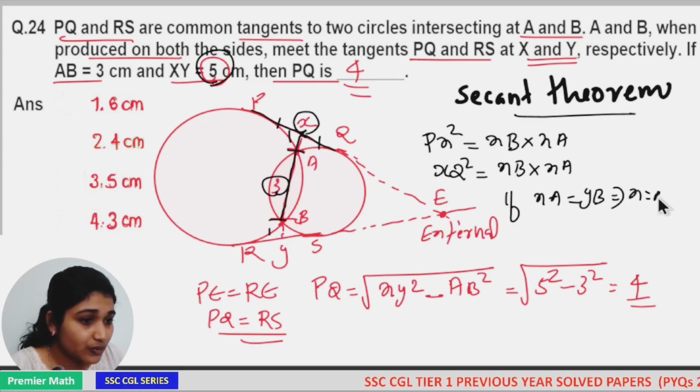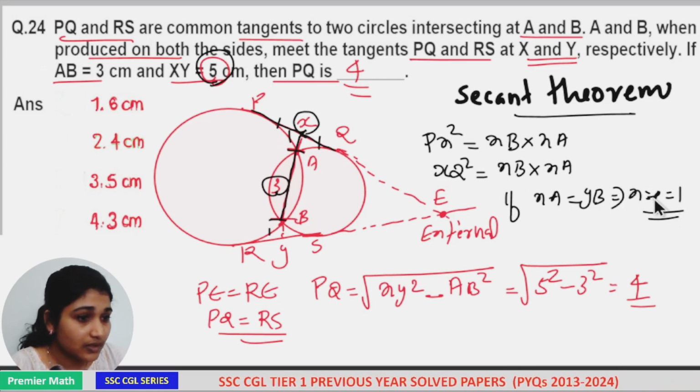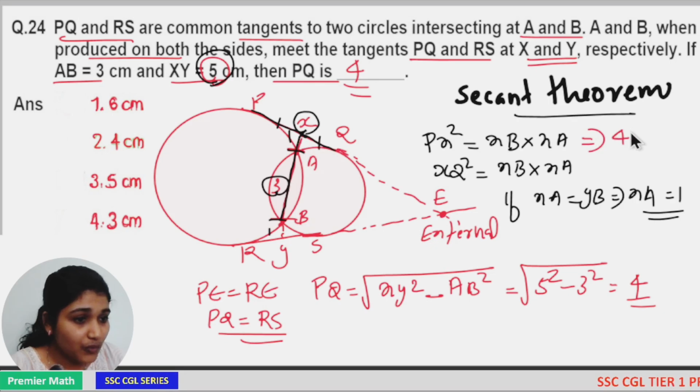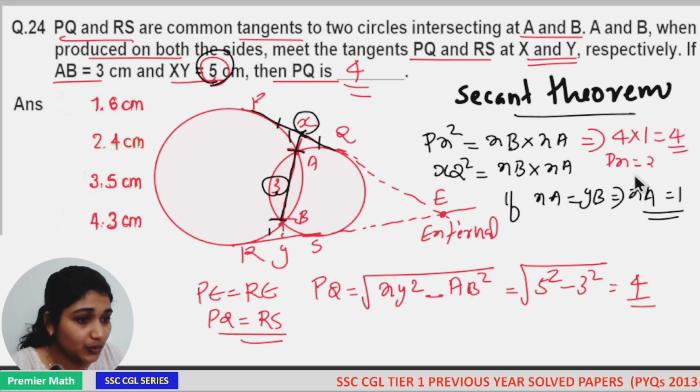So XA equals 1. Then substitute the values. If XA equals 1, then PX square becomes XB, which is 1 plus 3, 4, times XA equal to 1. So PX square is equal to 4, meaning PX is equal to 2. PX is equal to 2 means XQ is also 2.